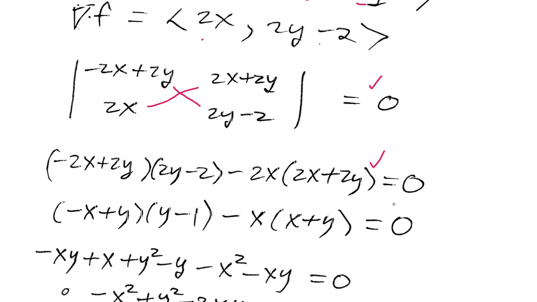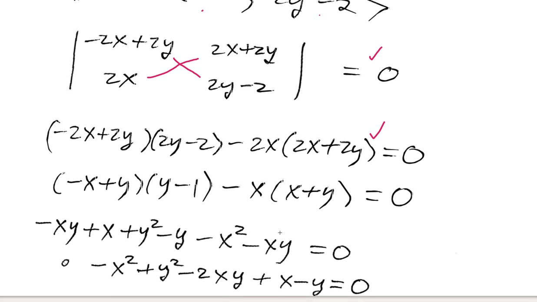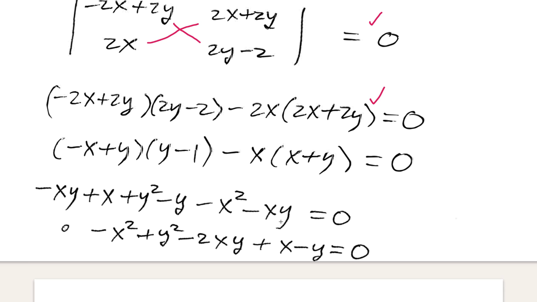I factored out a couple 2 factors and jimmied around with some algebra till I got down to this. I wrote it in descending order with x's before y's: negative x squared plus y squared, minus 2xy plus x minus y, equals 0.